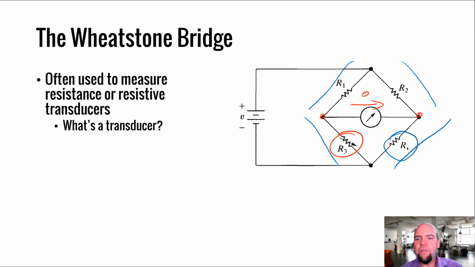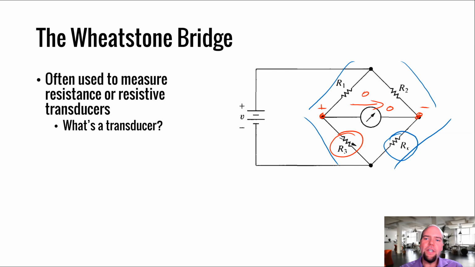Well, this meter is a current meter, so it should have a small resistance, or as long as it doesn't have an infinite resistance, if there's no current flow, that also means that there's no voltage difference. So we tweak this resistor until the voltage difference between this node and this node is 0, as indicated by the fact that there's no current flowing through this low resistance meter connected between the two terminals.